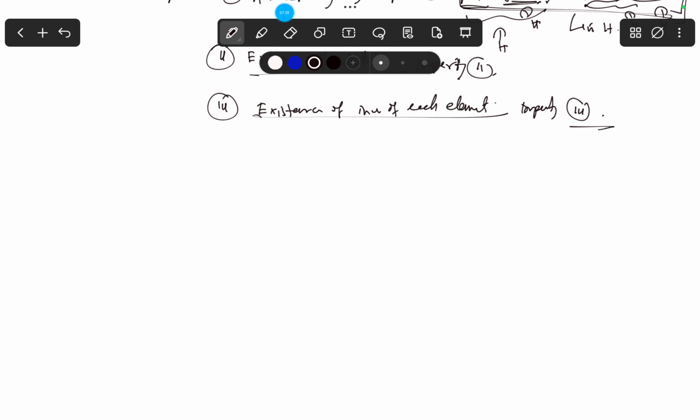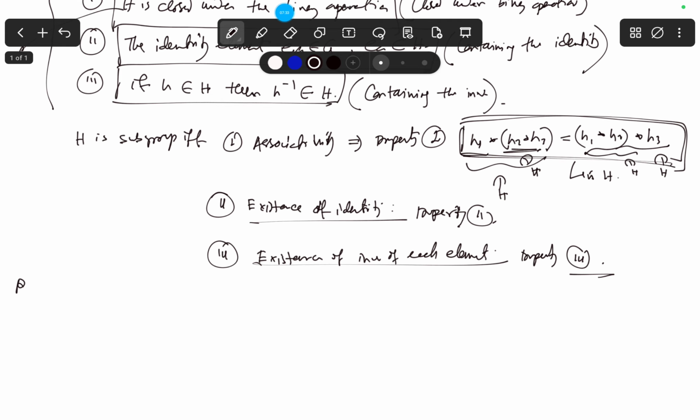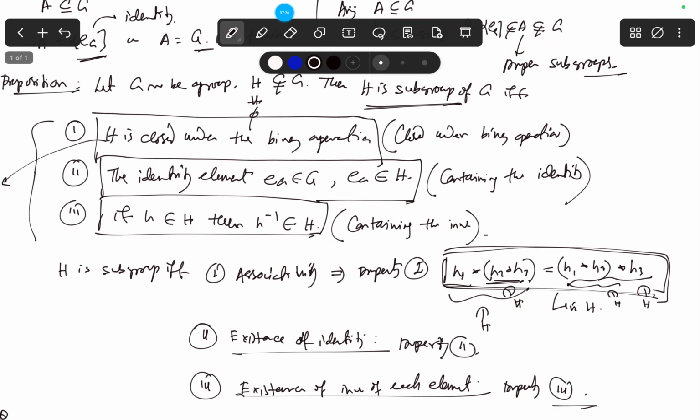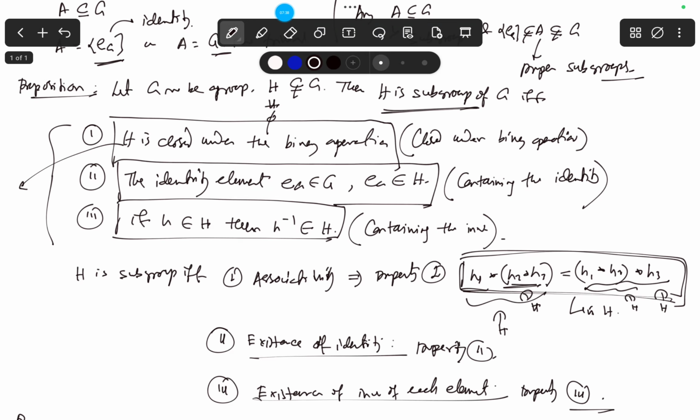Now there is another proposition. To prove any subset of a group is a subgroup, we just need to check these 3 properties according to this proposition.